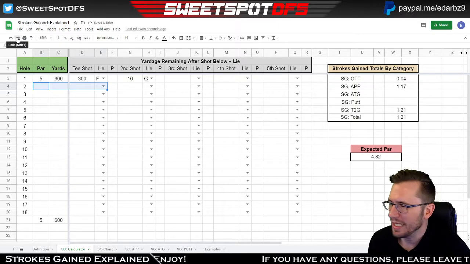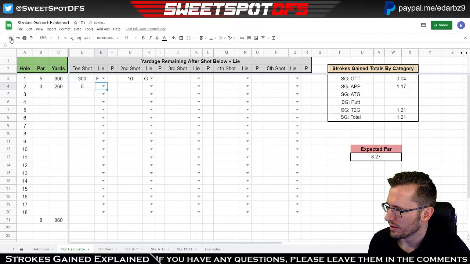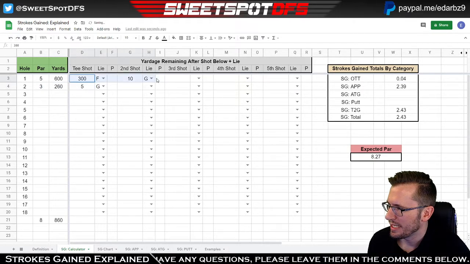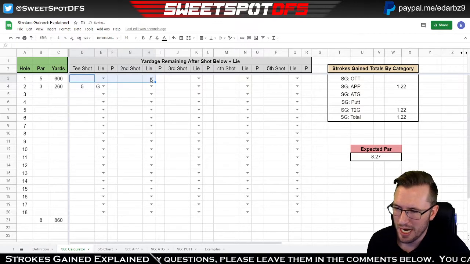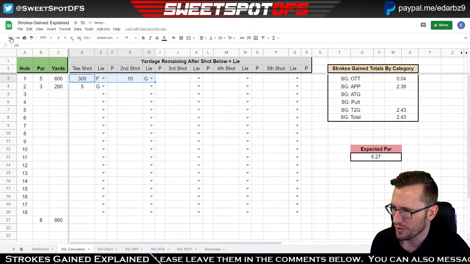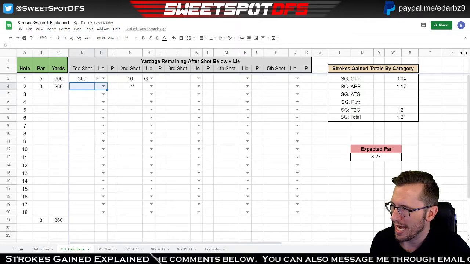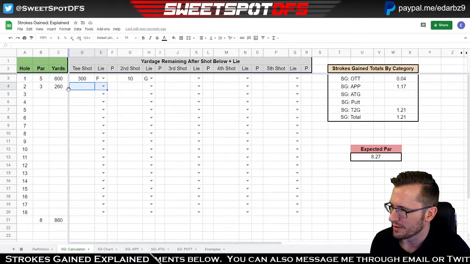So you're not really gaining that many strokes between the two. This is the first time I really looked at it. I'm just kind of playing around with it right now. 1.22, 1.17. That's insane.